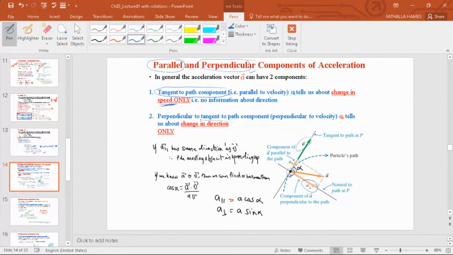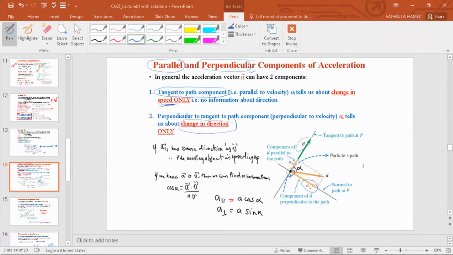And this is basically responsible for changing direction. So when you go around the curved path, your acceleration will have these two, parallel component and perpendicular component. One is changing the magnitude, the other one will be changing direction.